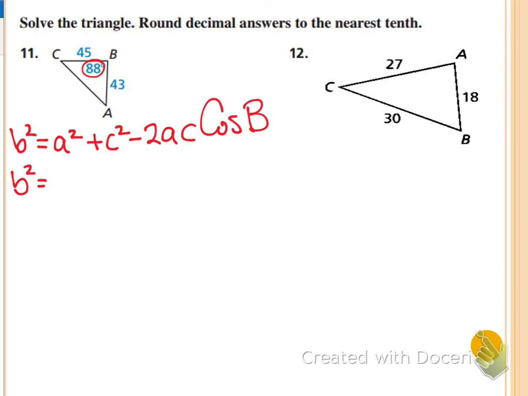We don't have b, but we do have a. A is across from angle A, and it's 45. C is across from angle C, and it is 43.